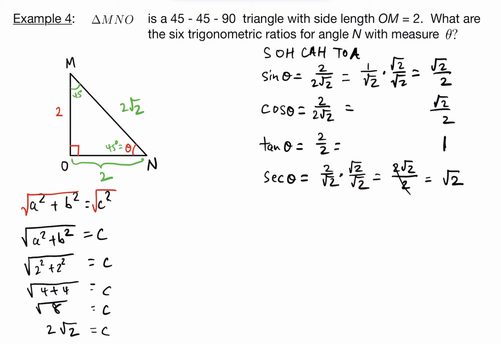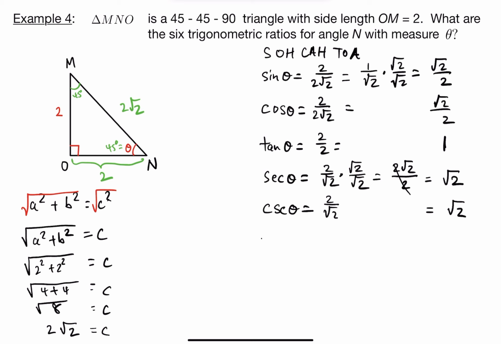The next one is cosecant of theta. Cosecant of theta is going to be the inverse of the sine of theta, which is the same thing as the cosine of theta. So that's going to be 2 over the square root of 2, and instead of going through all of this calculation, which we've already done, we know that that's going to be square root of 2.